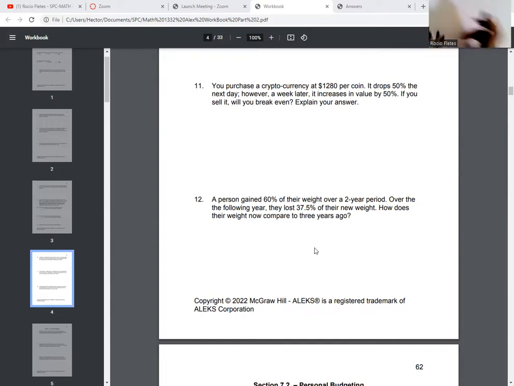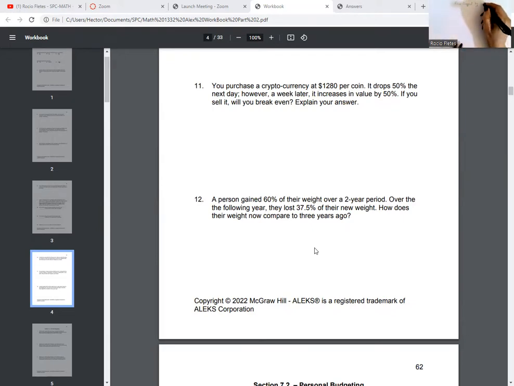So let's see, what's really going on here? You purchase a cryptocurrency. So the price today, we're going to say, is 1,280. Now the price dropped, let's say tomorrow, it dropped by 50%. So 1,280 times 50% is 640, right?